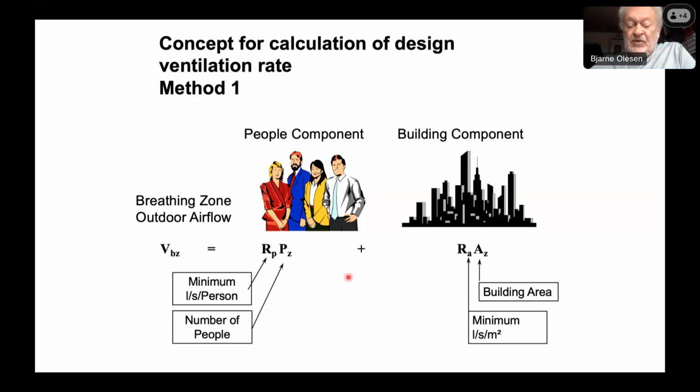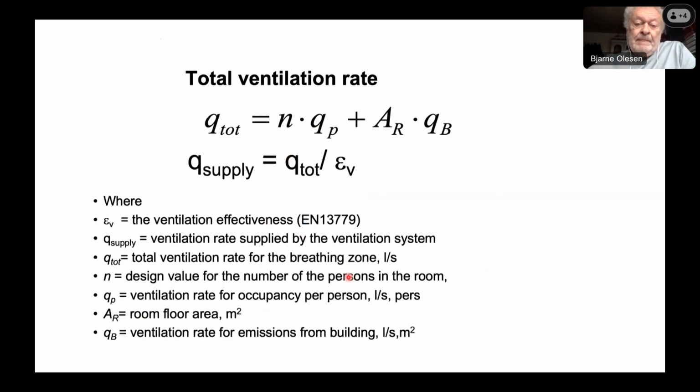So the perceived air quality is, in that regard, an important parameter. Then, to get the total ventilation rate, we have this equation: the number of people in the people part plus the area of the space in the building part.